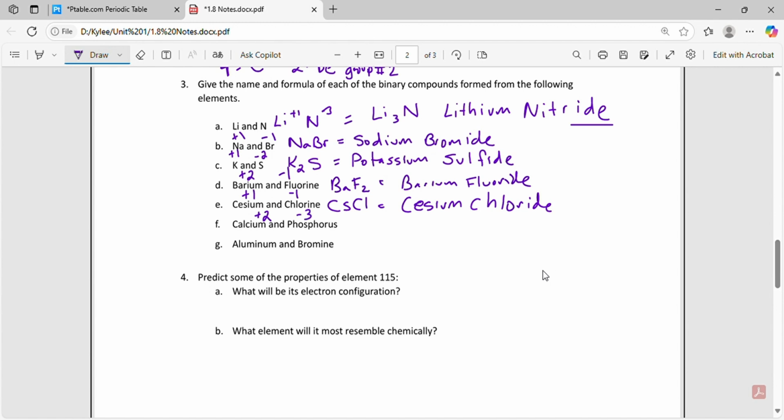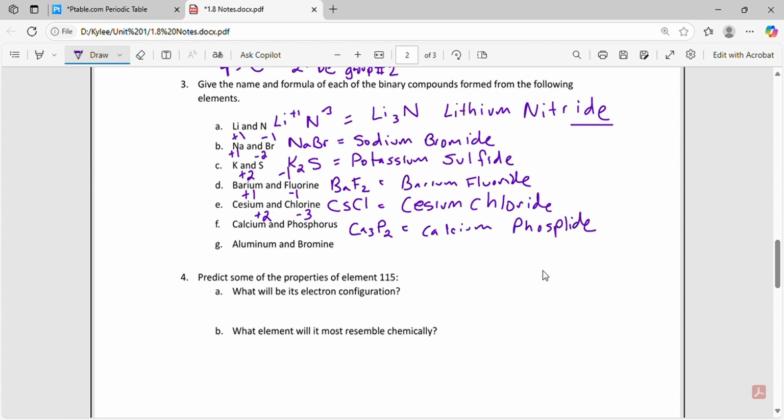So this is one of those examples where we need to get a least common multiple of 6. So if I need a +6, that would mean 3 of the calciums, and a -6, I would need 2 of the phosphoruses. So that would be Ca3P2, and this is called calcium phosphide.